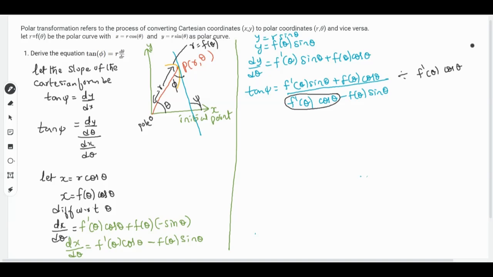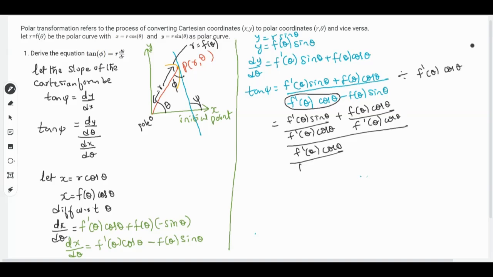If we divide by f dash of theta cos theta, we get f dash of theta sin theta divided by f dash of theta cos theta plus f theta cos theta divided by f dash of theta cos theta, all divided by f dash of theta cos theta divided by f dash of theta cos theta plus f theta sin theta divided by f dash of theta cos theta.